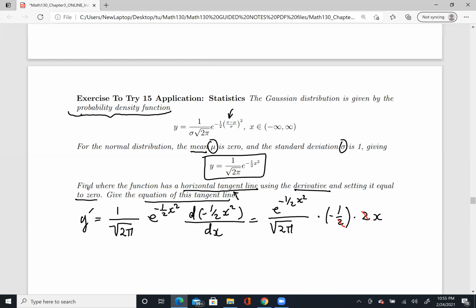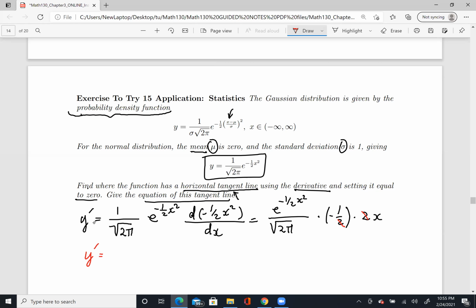And then finally you can have, let me put here, y derivative will be equal to e to negative 1/2 x squared over square root 2 pi, and multiplied by, I should have a negative, multiplied by x over here.